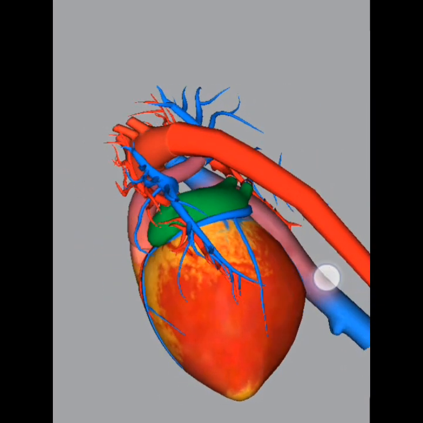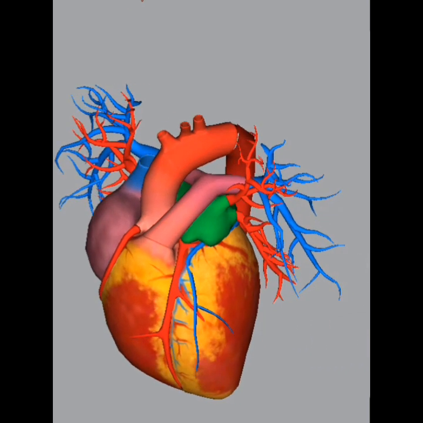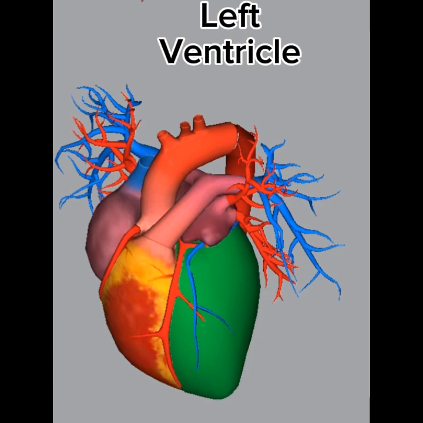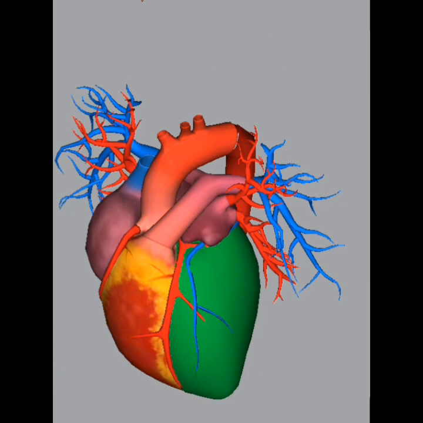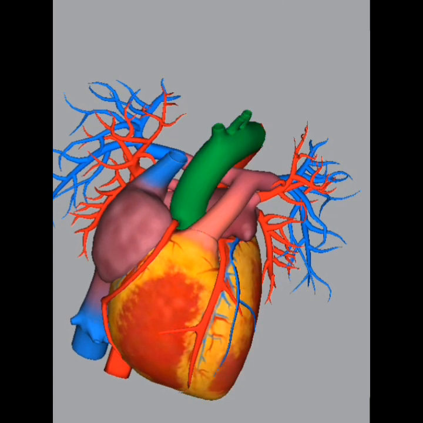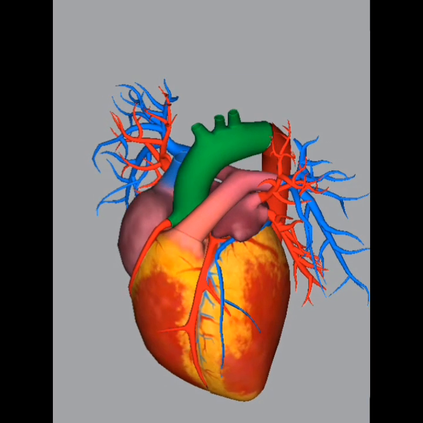Blood from the left atrium then moves to the left ventricle. From this left ventricle, the blood is pumped to all parts of the body through this vessel we call the aortic arch. You can see that the aortic arch has three branches pointing upward.